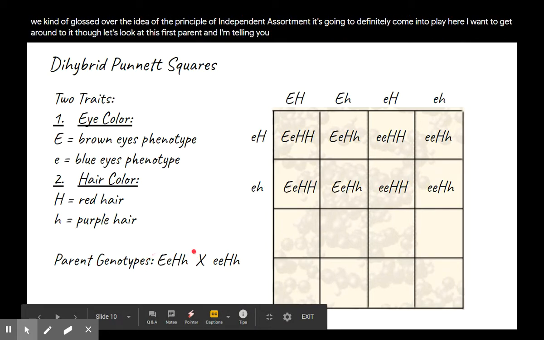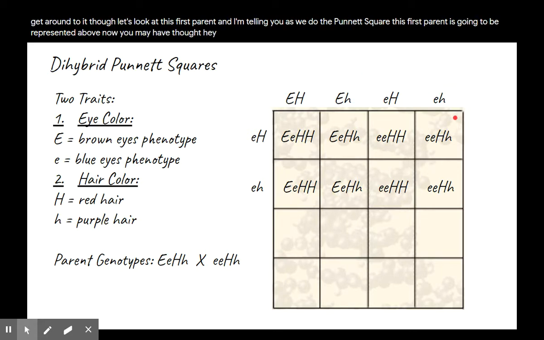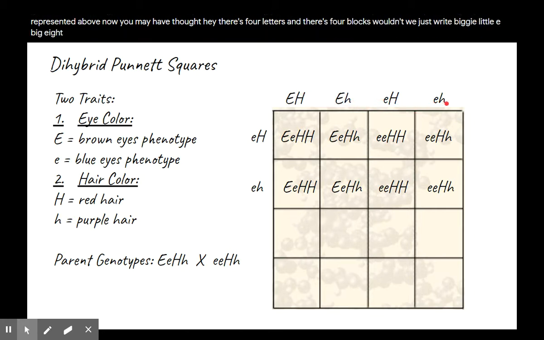And I'm telling you, as we do the Punnett square, this first parent is going to be represented above. Now, you may have thought, hey, there's 4 letters and there's 4 blocks. Wouldn't we just write big E, big H, little h? That is definitely not the way to do it, even though every year when I explain this, somebody does it that way on a test.